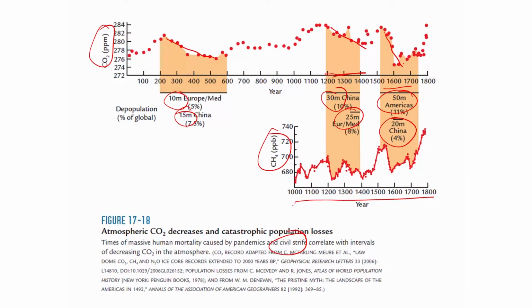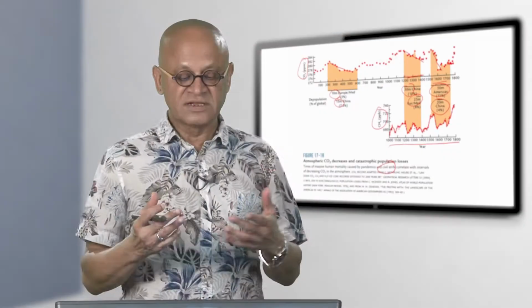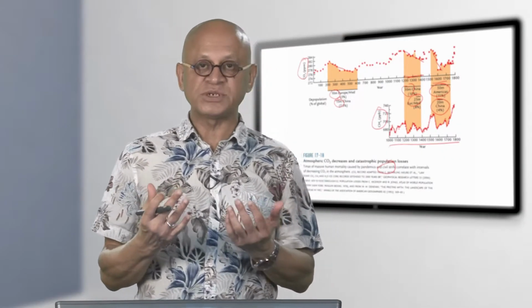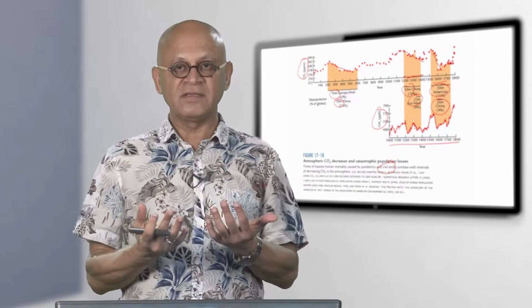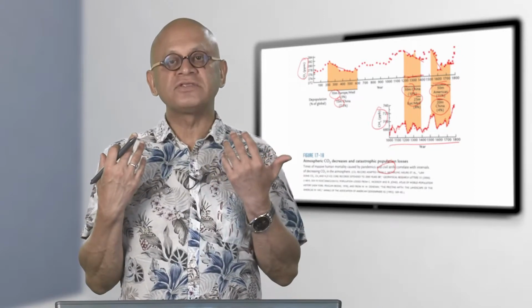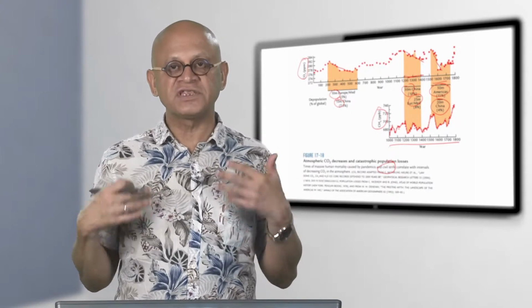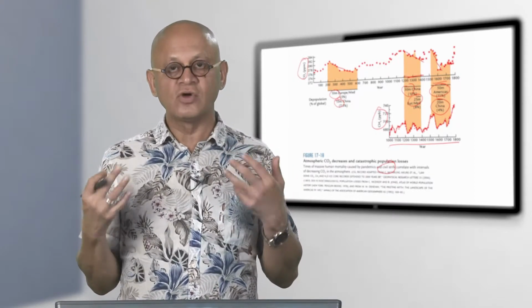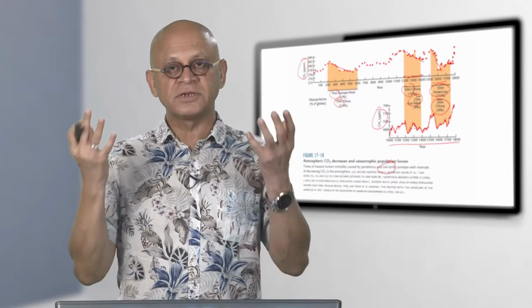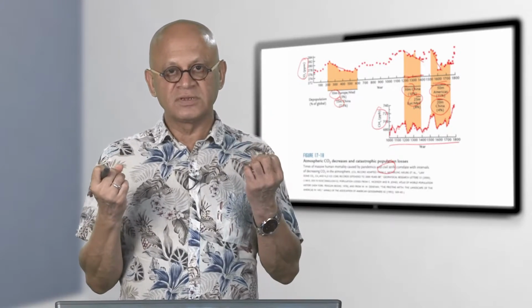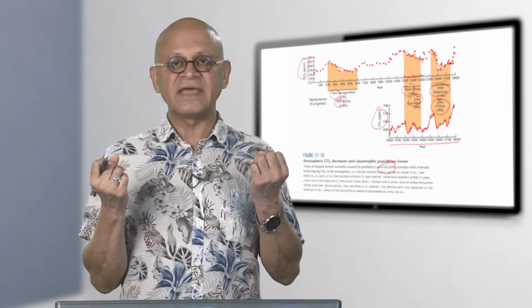How does that happen? Essentially, these are already very heavily agricultural societies. So, when such large depopulation happens, millions of people die, agricultural land tends to get abandoned. Vegetation and forests begin to regrow, and that growth takes up and sequesters more carbon than agriculture would.